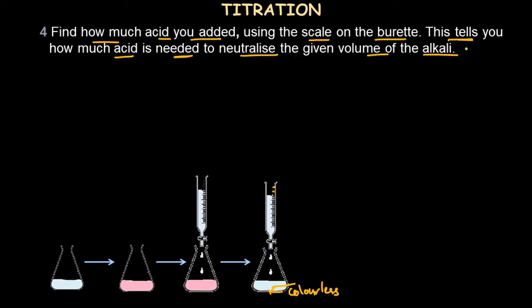In our example, the alkali is 25 centimeter cube, so this volume gives us the exact volume of acid required to neutralize 25 centimeter cube of alkali, that is NaOH.